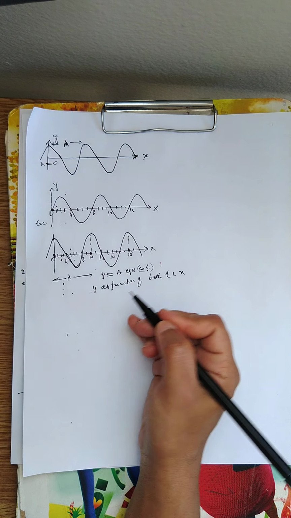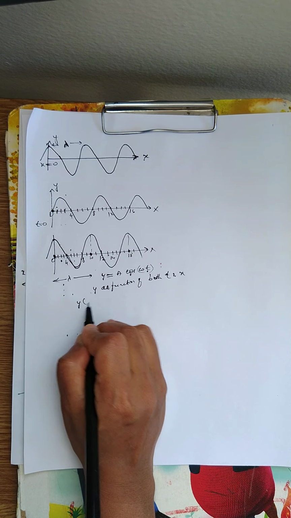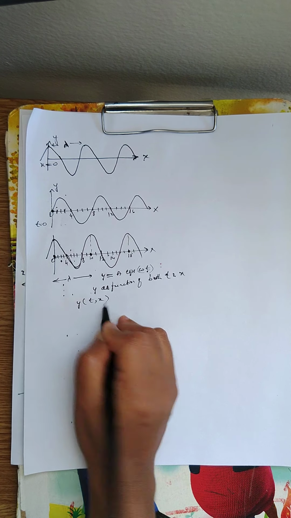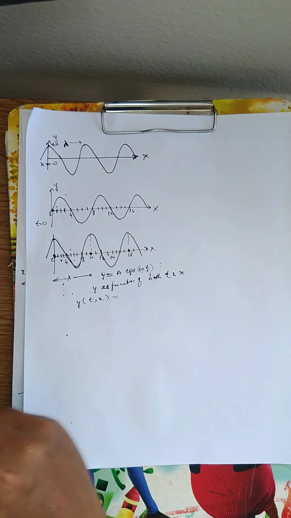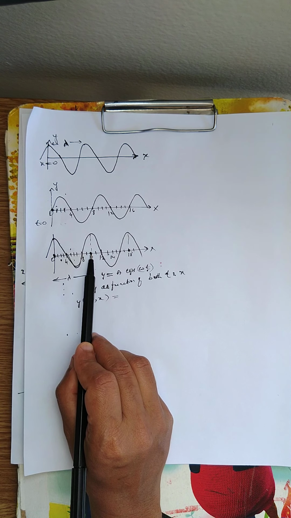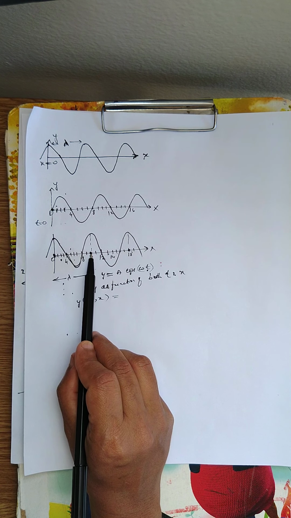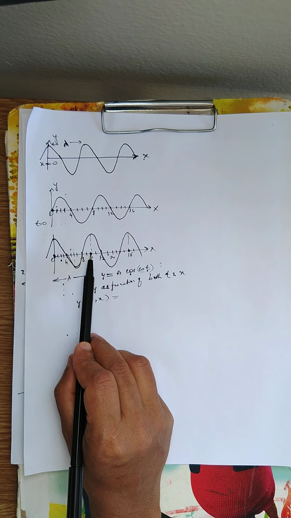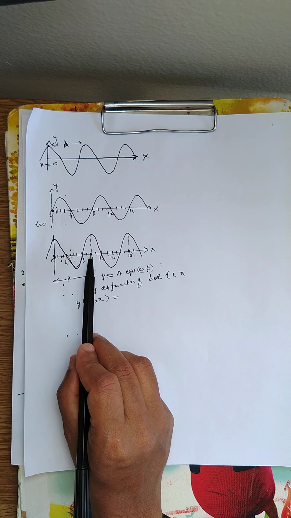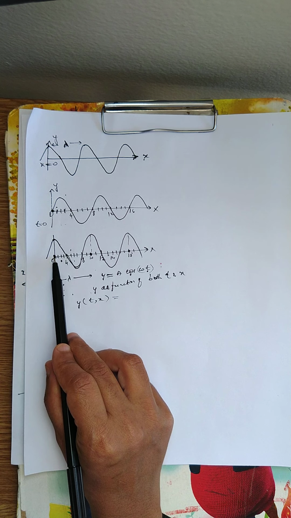So therefore I will write y of t comma x is equal to, okay, see this guy here, the 10th guy, is having the same kind of oscillation or same displacement as the 0th guy.